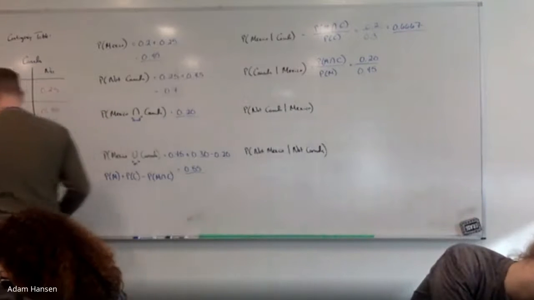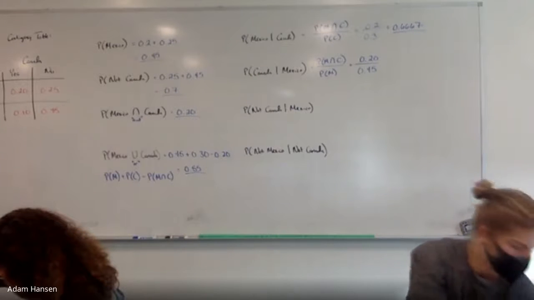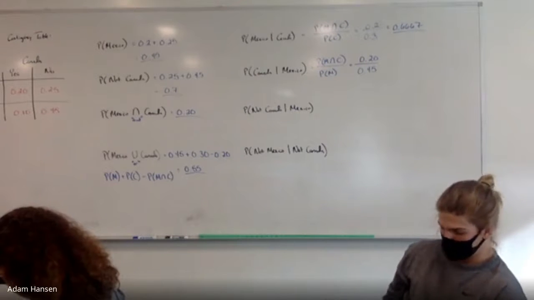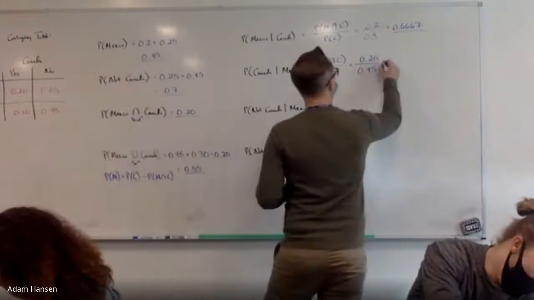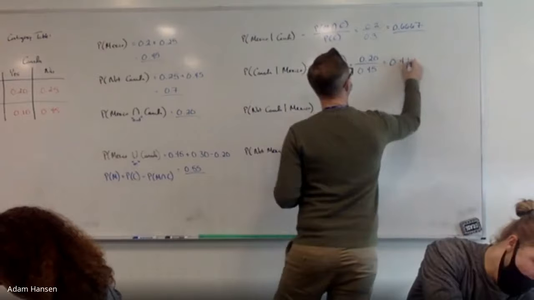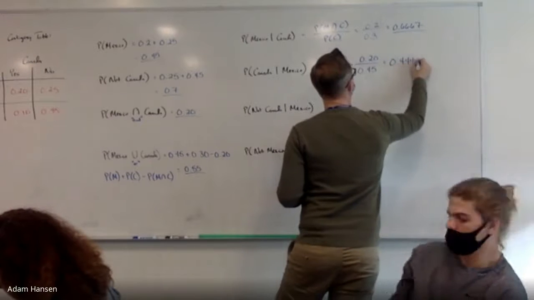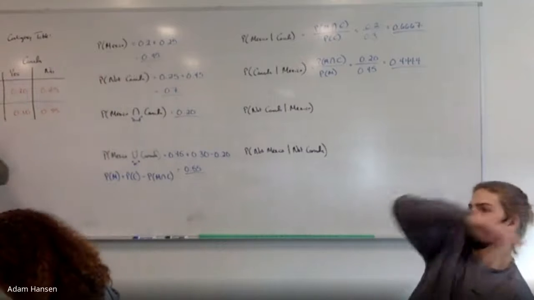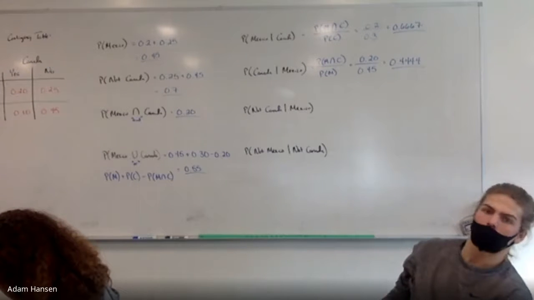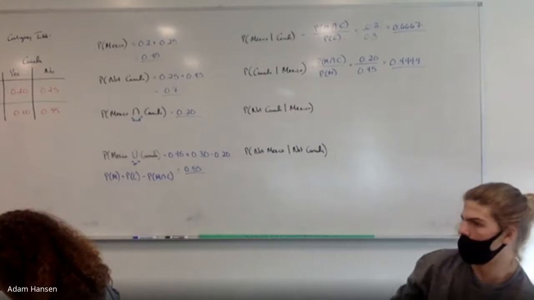Grab a calculator. What's that proportion work out to be? 0.2 divided by 0.45, 0.444. If you've been to Mexico, there's a 44.4% chance that you've also been to Canada for this distribution.